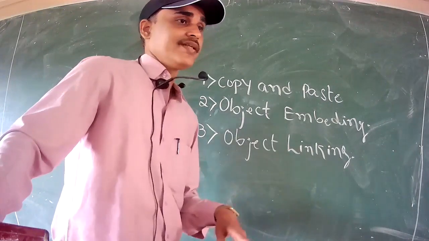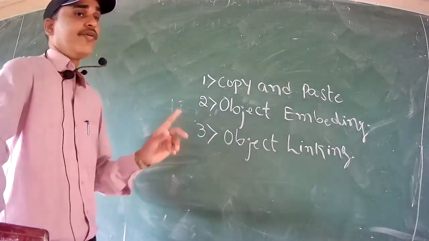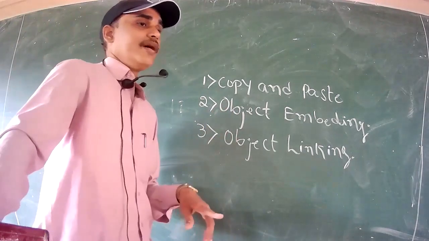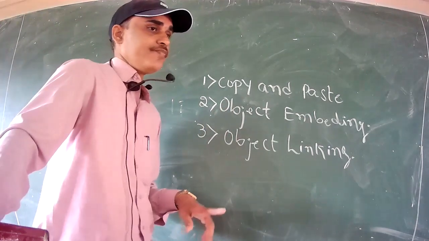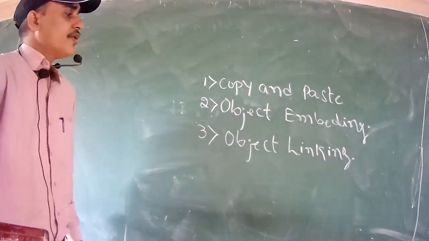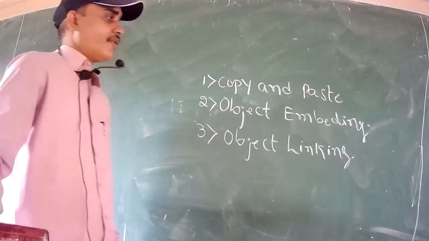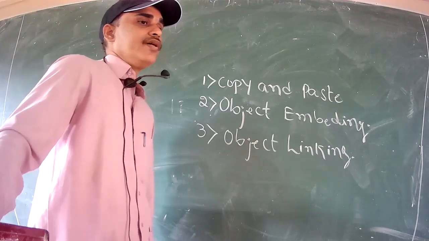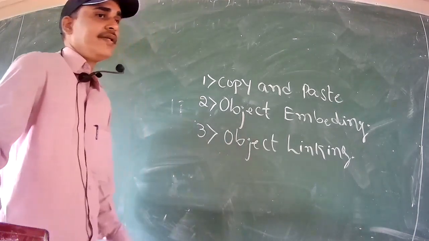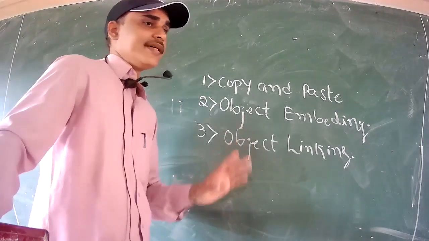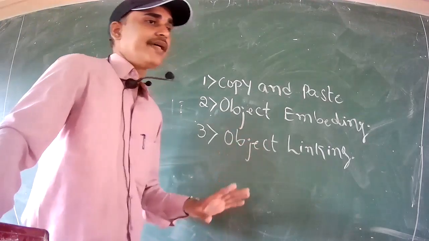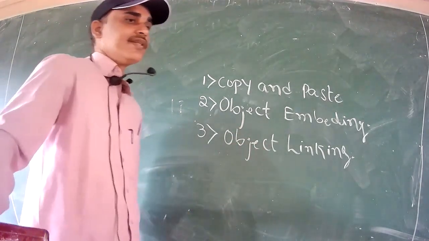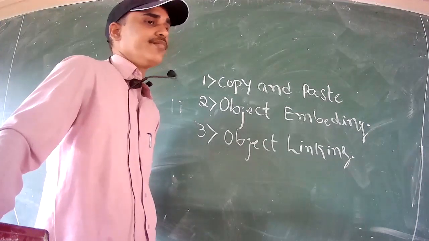Means in this case, it is reflected in Word also, similarly in MS Excel. This is about the object linking method. By using these three methods, it is possible to transfer Excel data, either spreadsheet data or the chart, from MS Excel to MS Word.